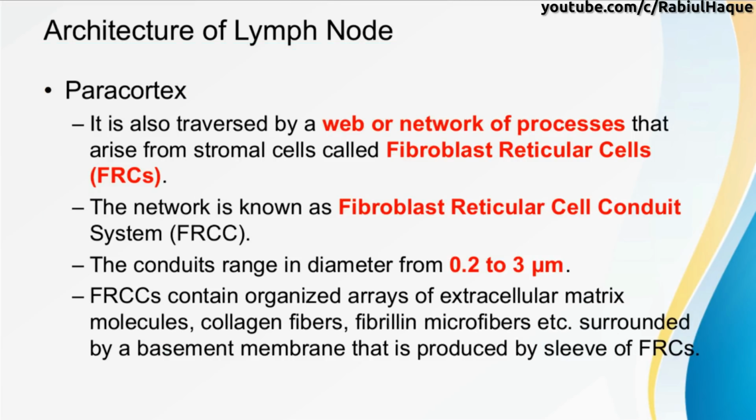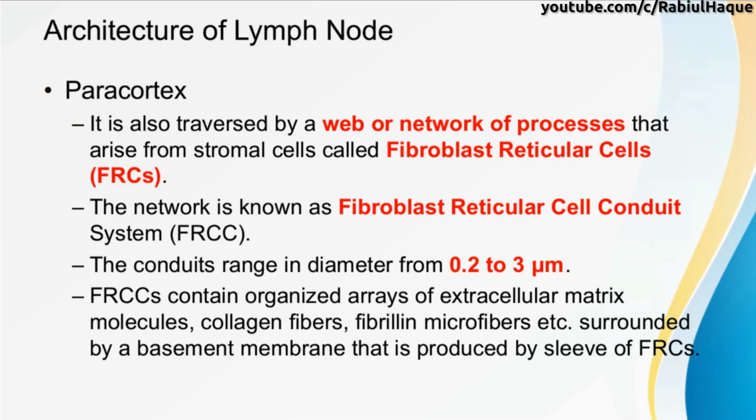Now always remember, the paracortex is also traversed by a web or network of processes that arise from stromal cells called fibroblast reticular cells. So we can see that these fibroblast reticular cells are in fact the stromal cells of the lymph nodes, and they are forming a network of processes, and that network is known as the fibroblast reticular cell conduit system.